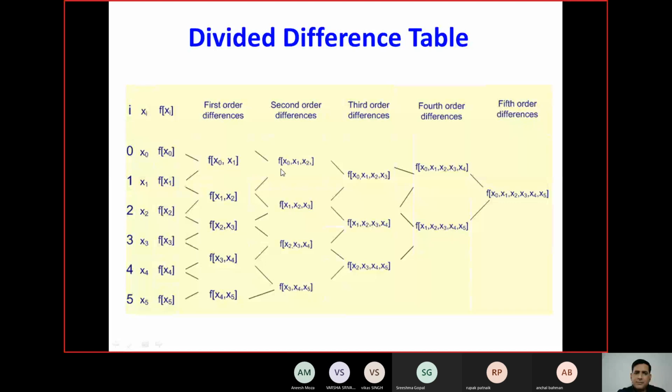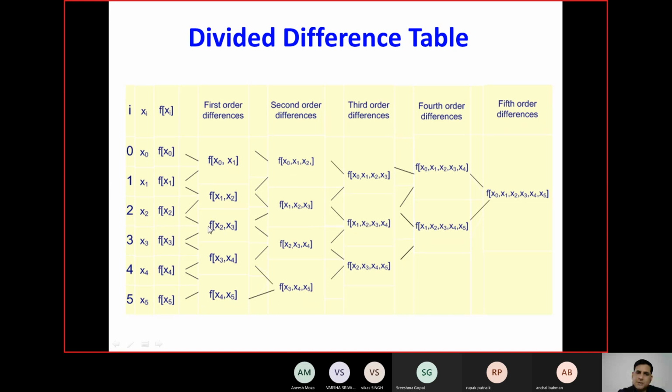For the second divided difference, you are considering this and this value. These are your new function values here. Now you are correlating between x naught and x2, so you get the divided difference x naught, x1, x2. This is called the second order. You are considering three elements here.